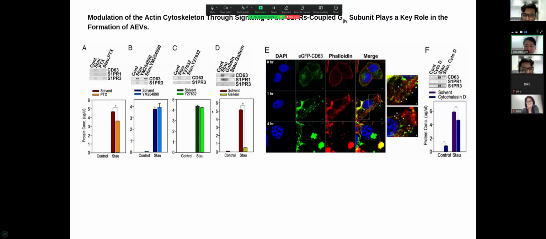Okay, I need to explain briefly about the G protein coupled receptor. G protein coupled receptor is a very important plasma membrane receptor. I remember more than 1,000 GPCRs exist at the plasma membrane.